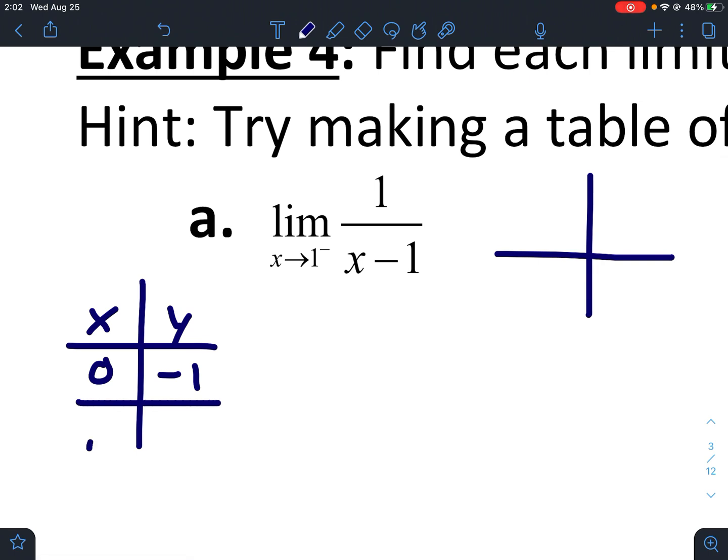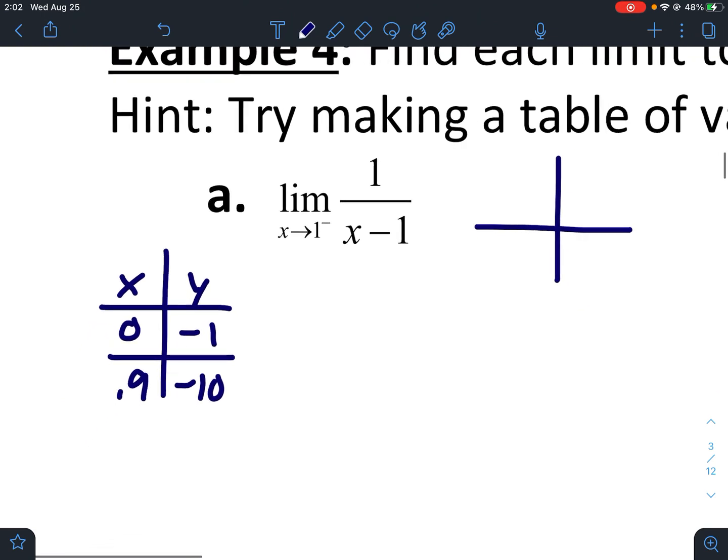If you put in 0.9, you would get 1 over 0.9 minus 1, or 1 over negative 0.1, which is negative 10. And if you still don't know what the answer would be yet, you could do one more. How about 0.99? If we put that in, we would get 1 over negative 0.01, which is negative 100.